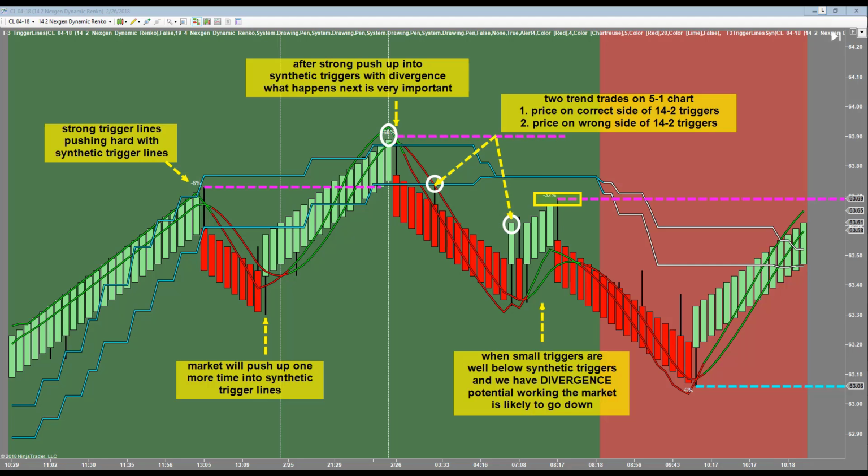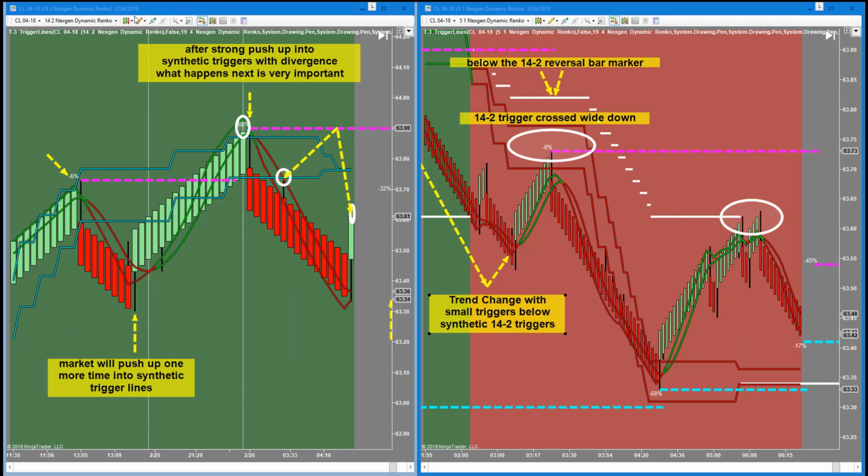And to add just a little bit to that, you'll see that once our small triggers are well below the synthetic triggers, if you make a retracement in price and you have divergence, again, that look will typically fail, and that's the type of spot that we would want to do short trades on our smaller chart if we had the correct area. So let's take a look at these two charts together so you can see how the relationship works.